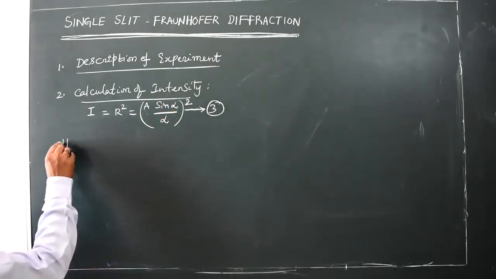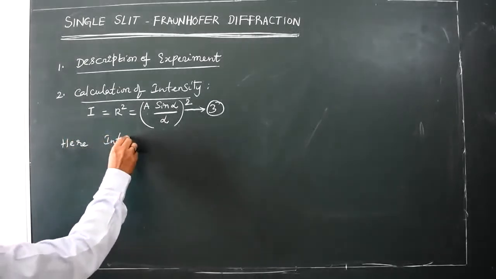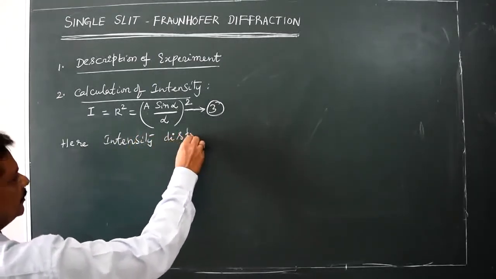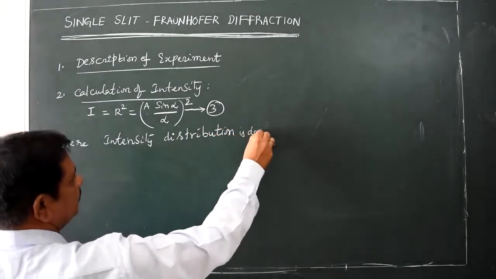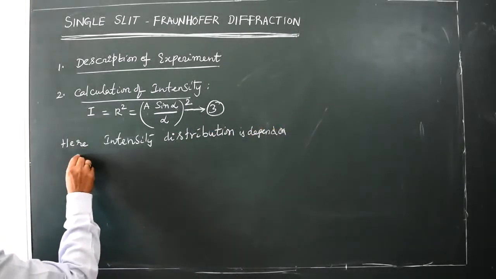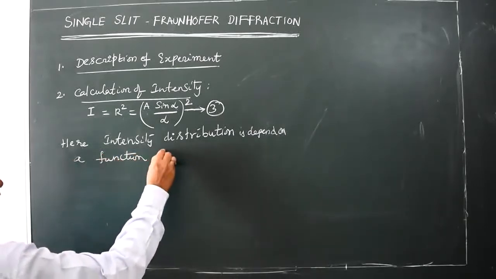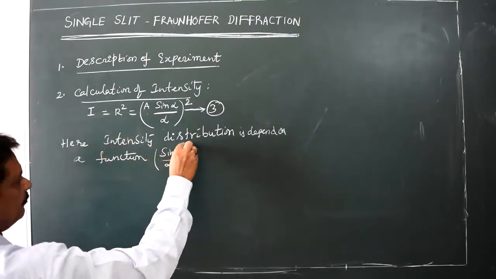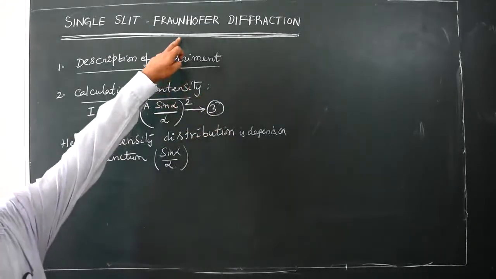So the intensity distribution depends on the function sin alpha by alpha. This is the function which influences the distribution of intensity due to single slit.